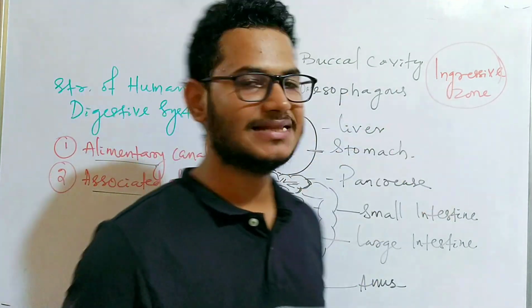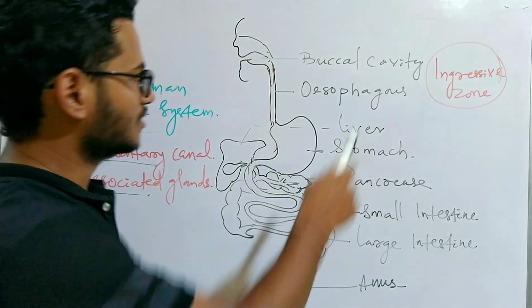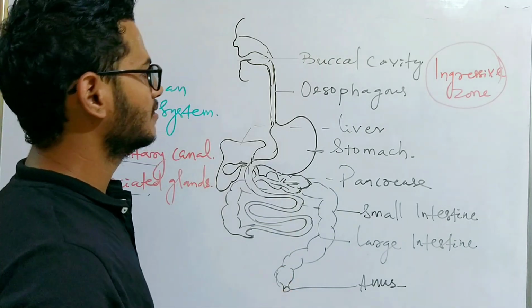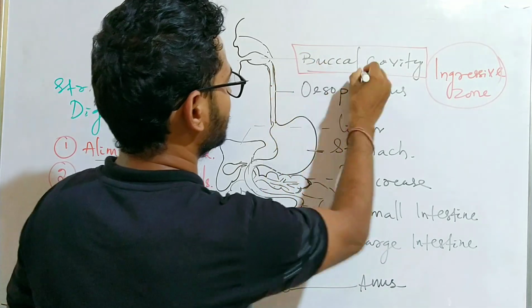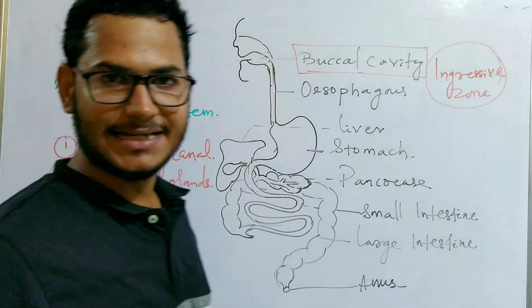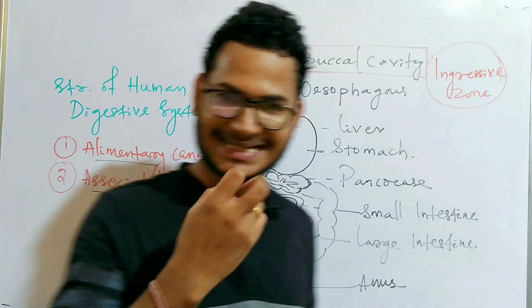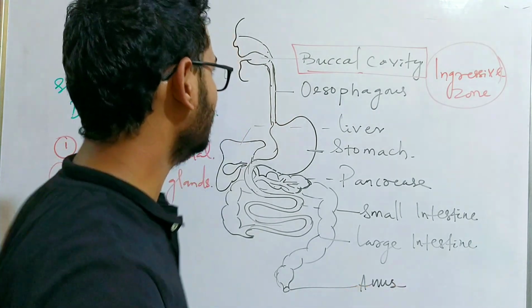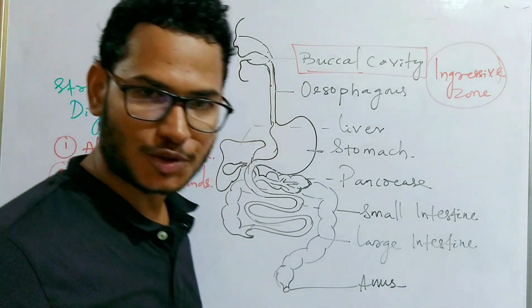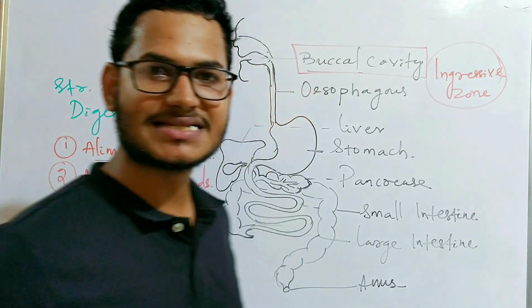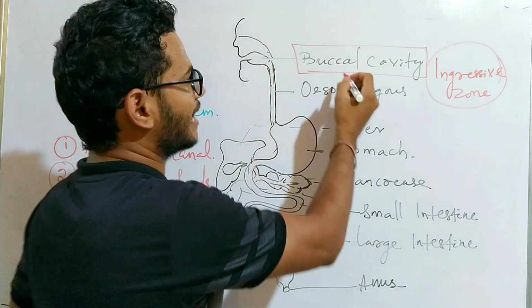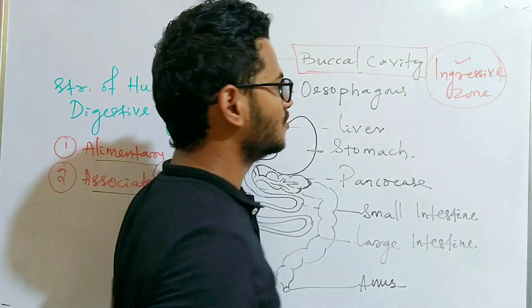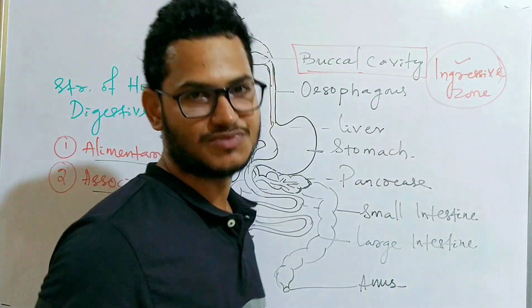Under ingressive zone, the buccal cavity is there. In the buccal cavity we have the lips, the teeth, the tongue, etc. They play an important role in taking food inside the alimentary canal for digestion.